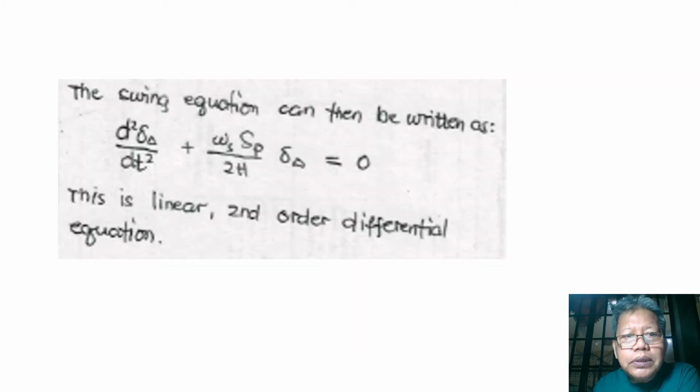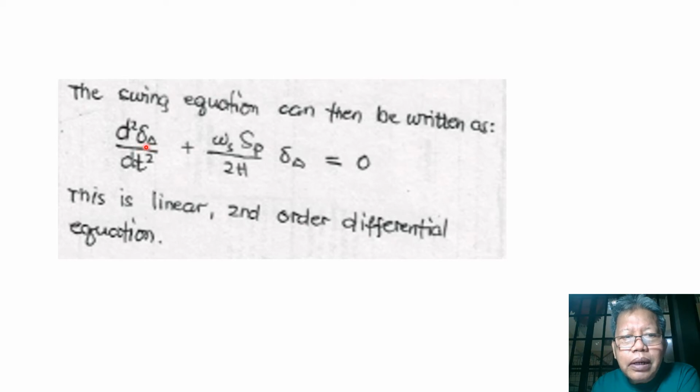So our swing equation then becomes d squared of delta, where now delta becomes delta O plus delta delta. The derivative of delta O is just equal to 0 because delta O is constant.